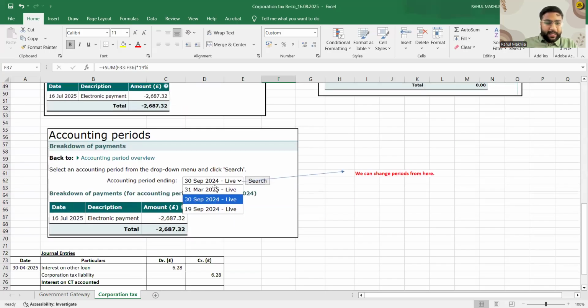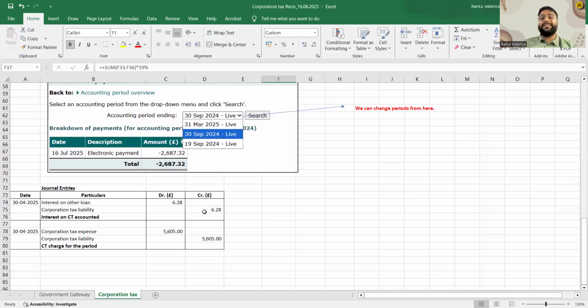Okay. You can select for different periods from here. As our company was incorporated, we have assumed that our company was incorporated on 20 September 2023 only. So we have this much period only. Okay. So at last, let's look at what will be our journal entries to account interest.